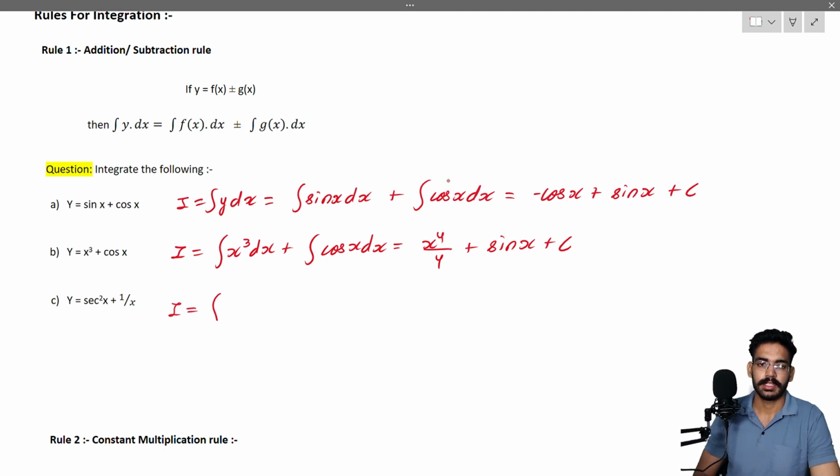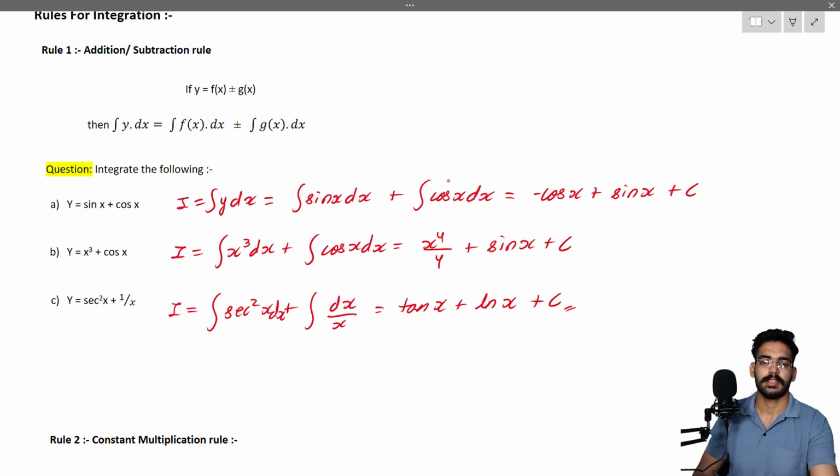I equal to integration sec square x plus integration dx by x. Okay, so 1 by x, that is only here, sorry, I forgot dx. So sec square x dx, so that is tan x plus ln x plus c, don't forget the c.